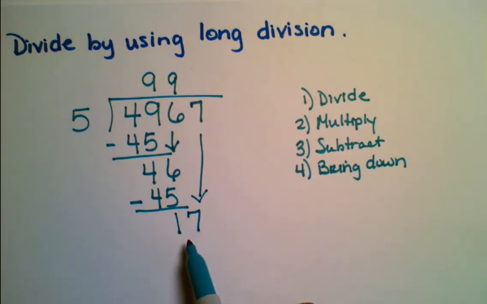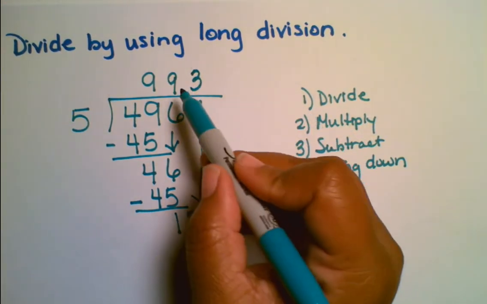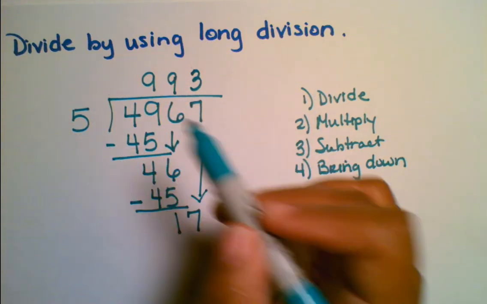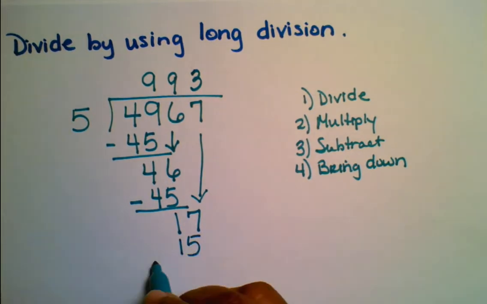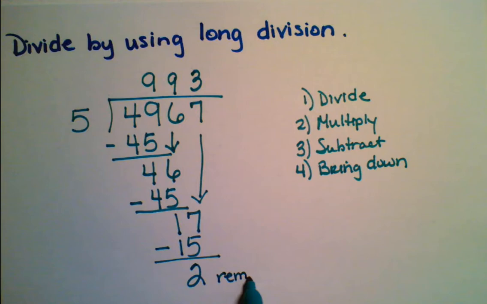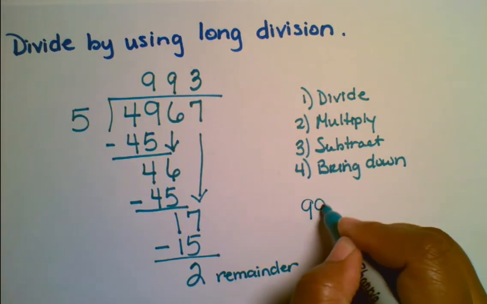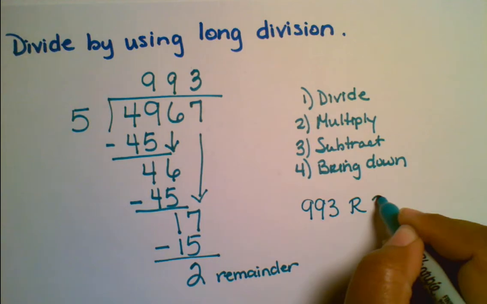5 divides into 17 3 times. Then multiply. 3 times the 5, we have 15. Subtract 15 from 17, we have a remainder of 2. So before decimals were introduced, we left this answer with the remainder, and we would write our answer as 993, remainder 2.